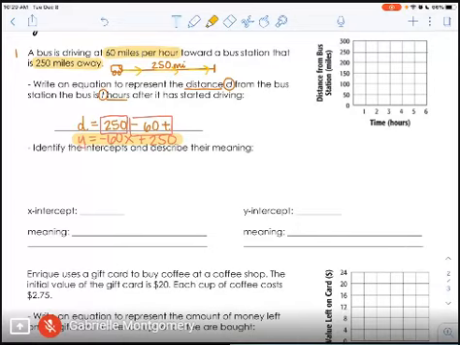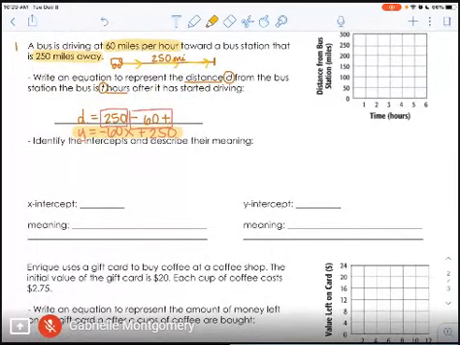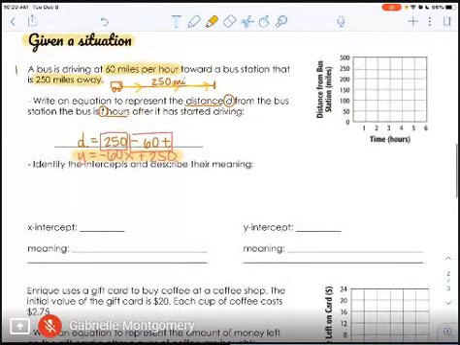So this is my equation. The next step is to identify the intercepts. My x-intercept is where this graph is going to cross the x-axis. So we may want to try and graph this. And when I see this in the form y equals mx plus b, it's really easy to identify the y-intercept.